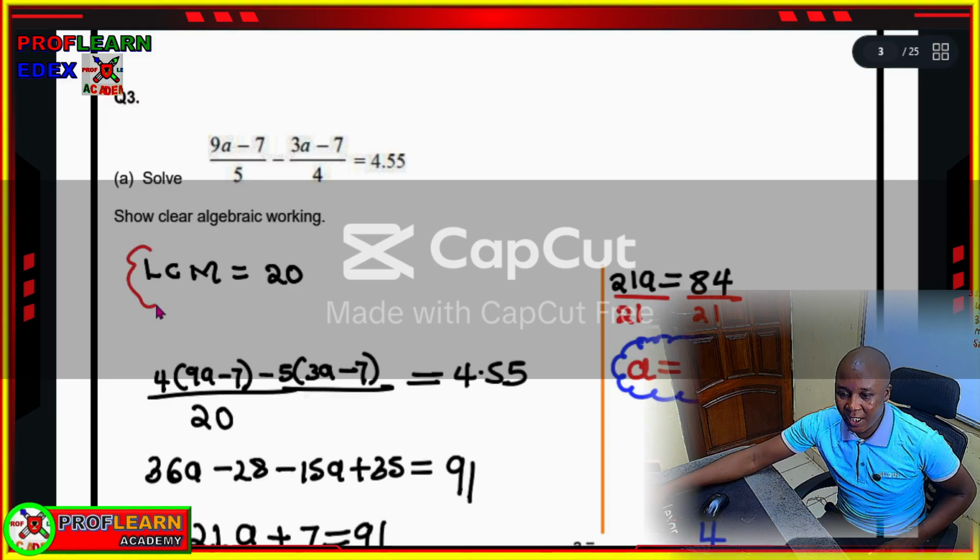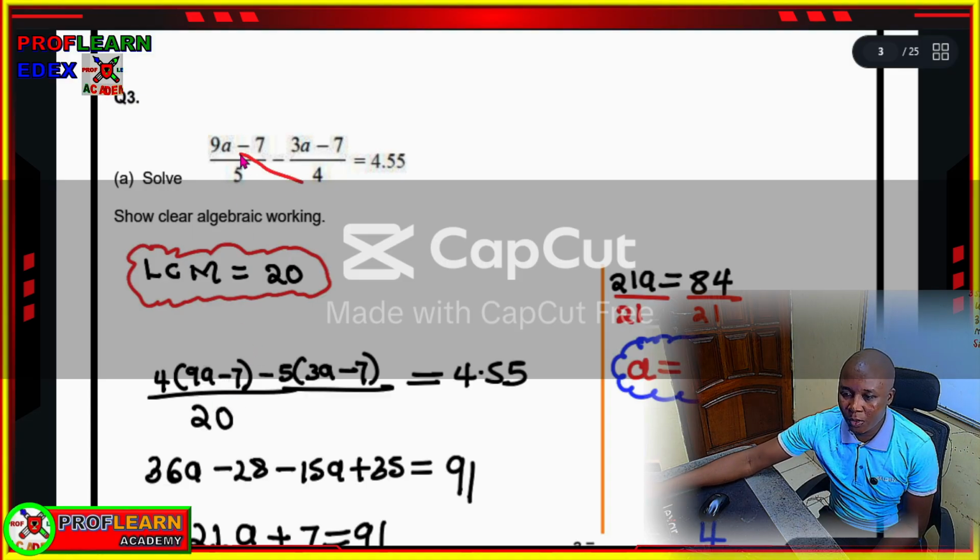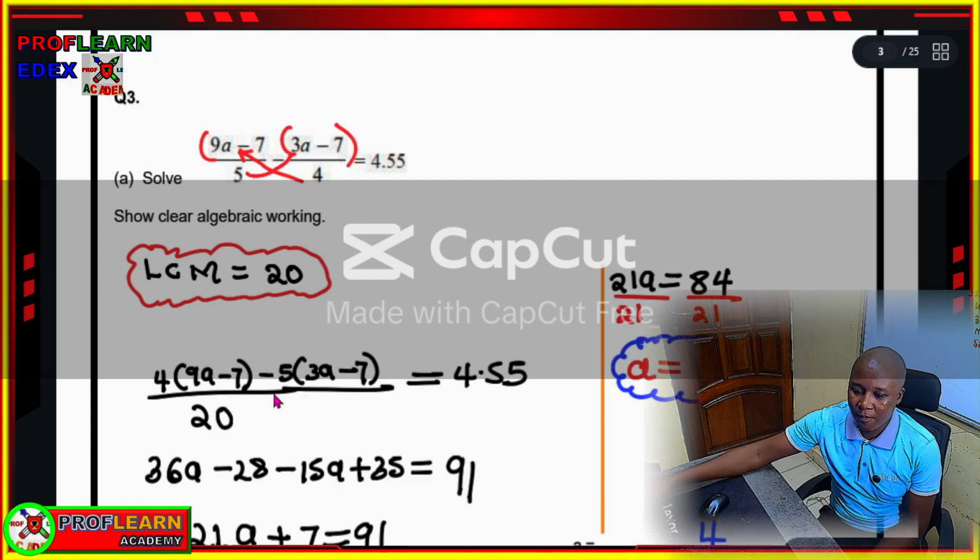So the LCM of 5 and 4 is 20. So we are going to express this as a single fraction. This 4 will be multiplied to the two terms there, and this 5 will be multiplied to these two terms. And then we open the bracket so that we can put the like terms together.